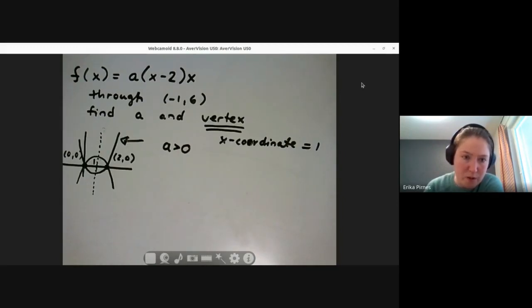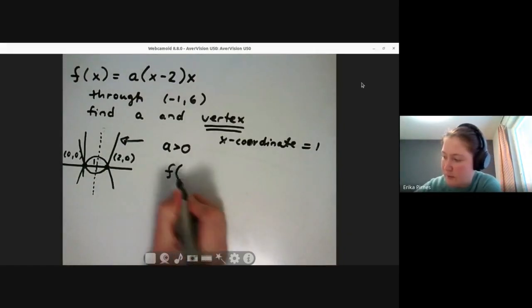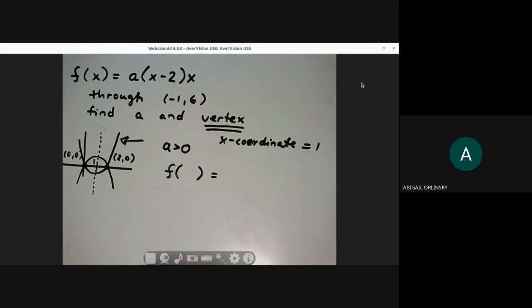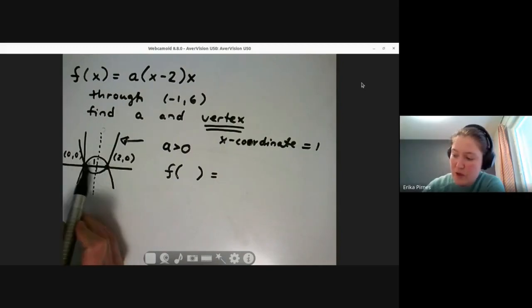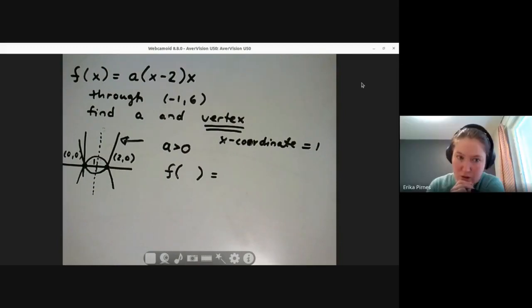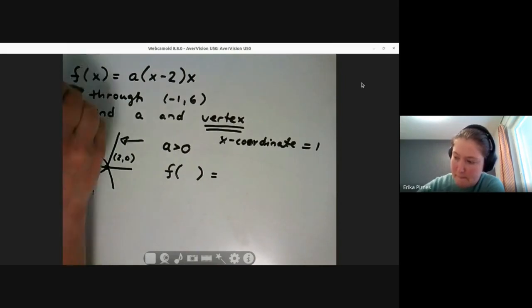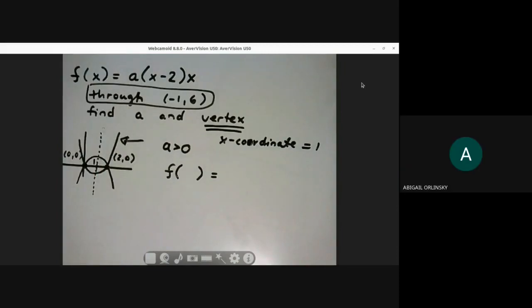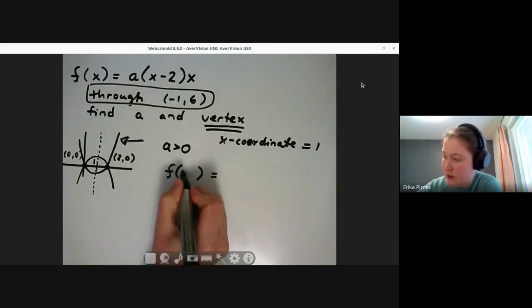And now we still have to find a. So any ideas, what can we do? My hint is, do we know any values of f? Any 2 special values? We know these, but do we know anything else except those? f of 1? No, we don't actually know f of 1, but we know f of -1.